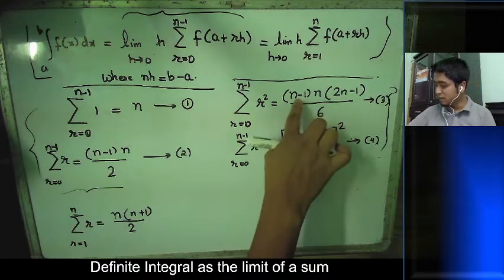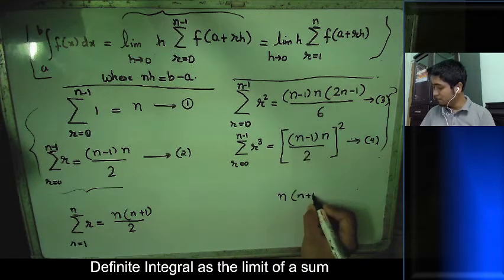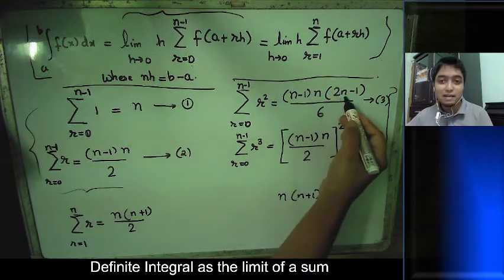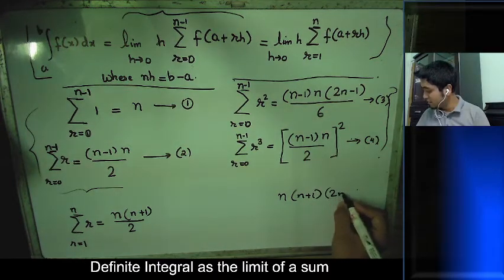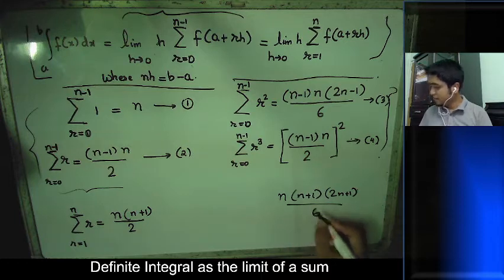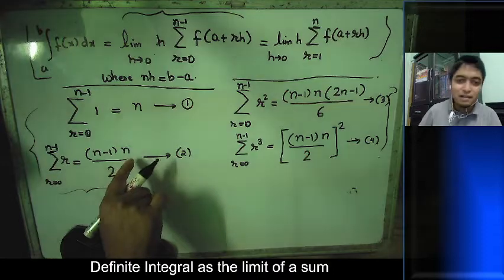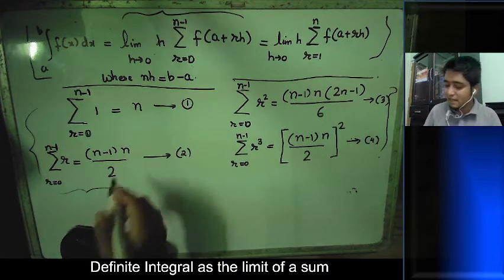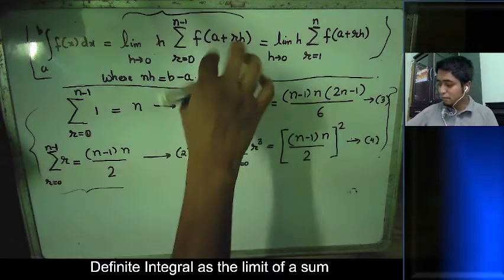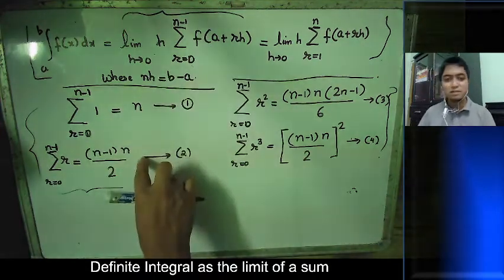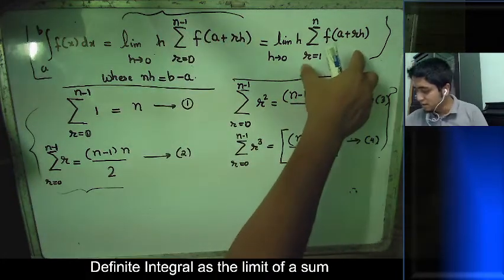Similarly for this one, instead of n minus 1 it will be n, and instead of n it will be n plus 1. You are just replacing n by n plus 1. Similarly you can write this one in this way, and do it for this in a similar way, replacing n by n plus 1. So that is how we can shift from these formulas to employ them here, so that we can use this formula.